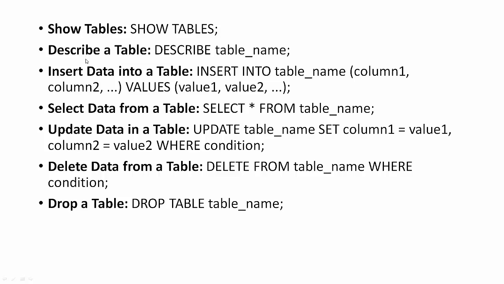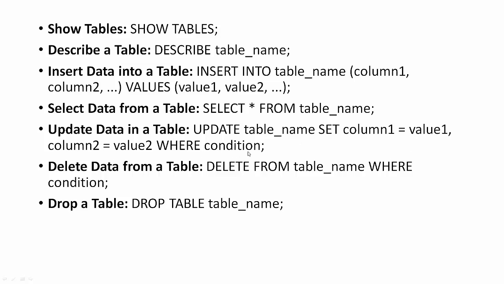If you want to update, specify which particular column you want to update and which value you want to replace, and we can specify the where condition. If you want to delete from a table, you can delete, and if you want to drop a table, you can drop table followed by the table name.